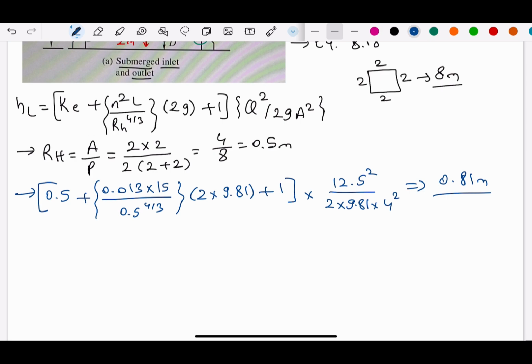And also from, let me find the figure numbers. Figure 8.17. You will see that headwater elevation is equal to upstream depth plus bottom slope times length.